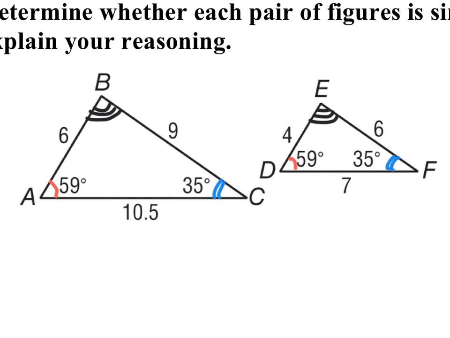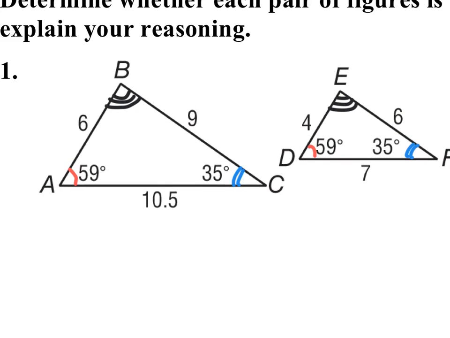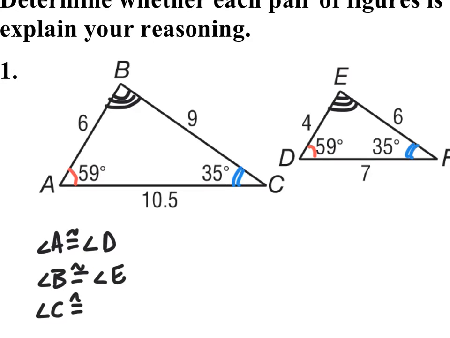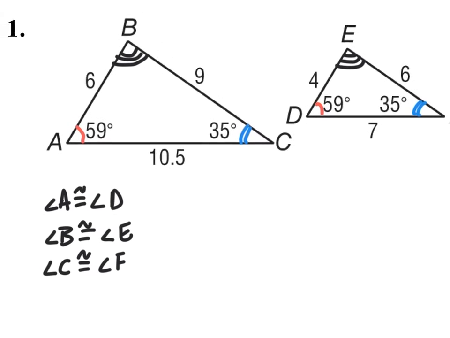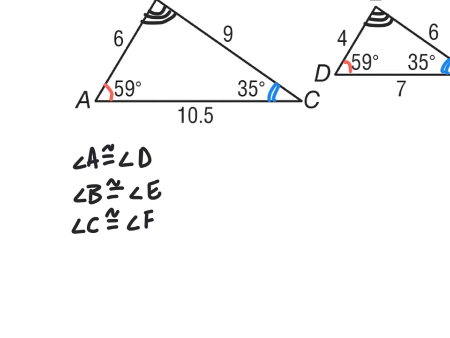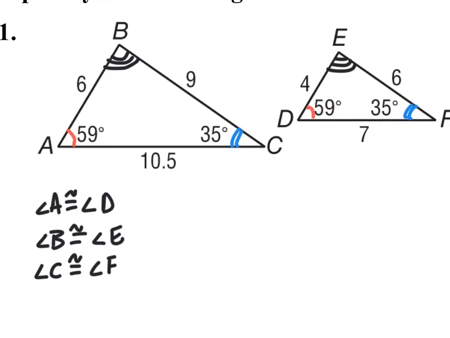I need to say that angle A is congruent to angle D. Angle B is congruent to angle E, and angle C is congruent to angle F. The reason I wrote these out this way, and why I want you to write them out, is because this tells what corresponds with what, what's in the same position.